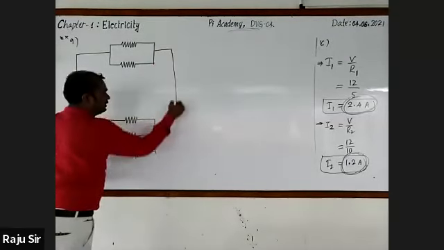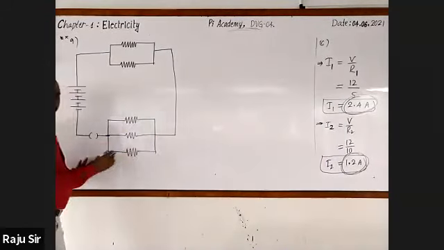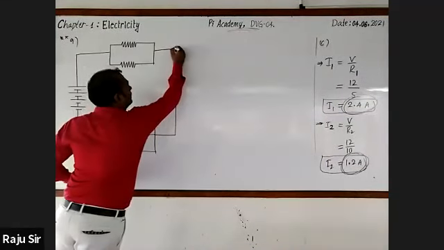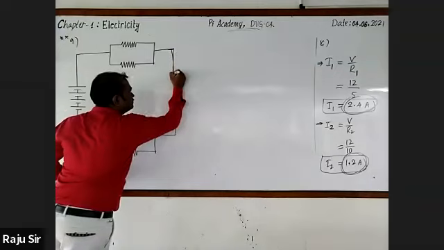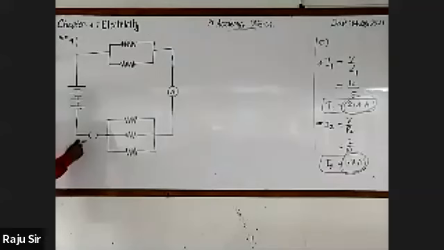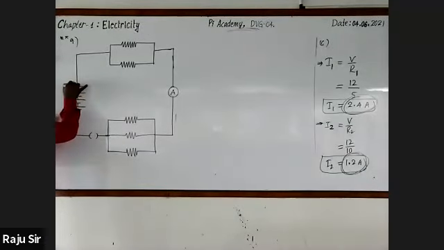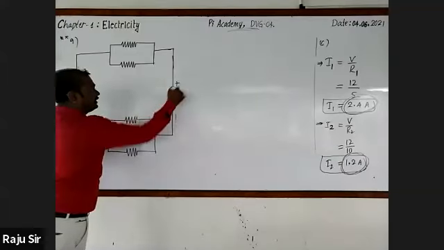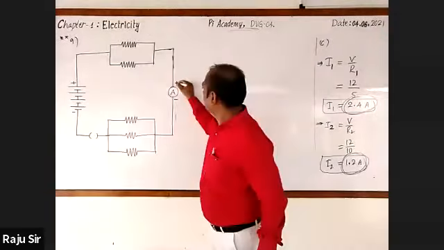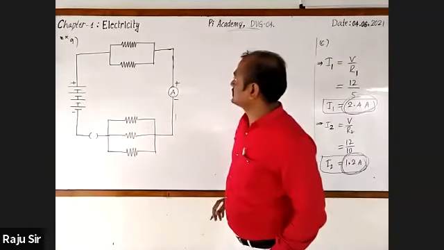And these 2 combinations are connected to the terminals of an ammeter. Now, show the terminals. This is the positive terminal and this is the negative terminal. This is the circuit diagram given.